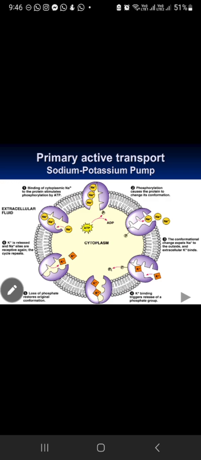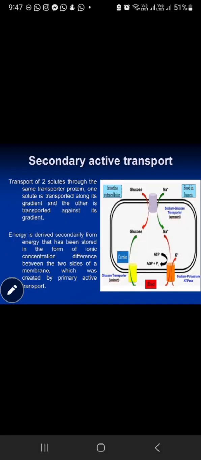The sodium potassium pump uses ATP energy to pump 3 sodium outside and 2 potassium inside. It uses energy and a carrier protein, and it pumps those two ions against their concentration gradient.